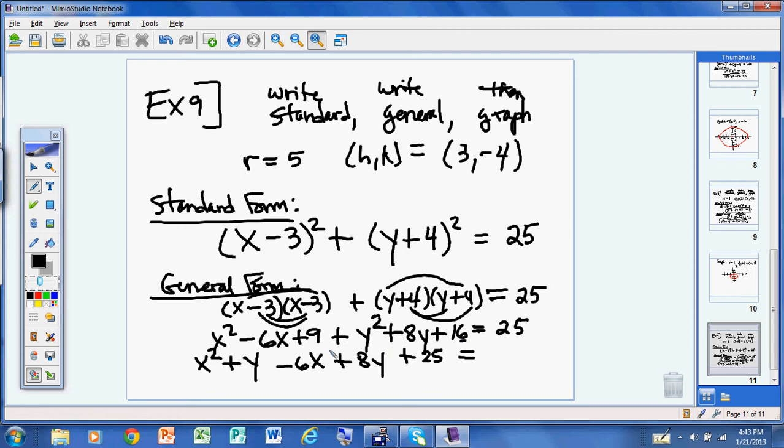When we combine the 9 and the 16 it equals 25, but when we subtract this 25, the 25 goes away. So then our final general form answer is x squared plus y squared minus 6x plus 8y equals 0.